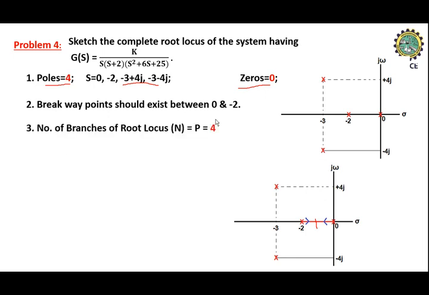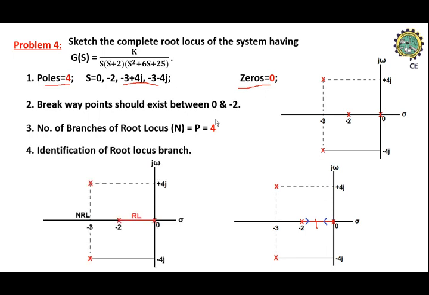The total number of branches of the root locus, that is n, equals the maximum value among poles and zeros. Poles are 4, zeros are 0, so we need to consider 4 branches in this problem. How are we going to find out which branch is root locus and which is not?